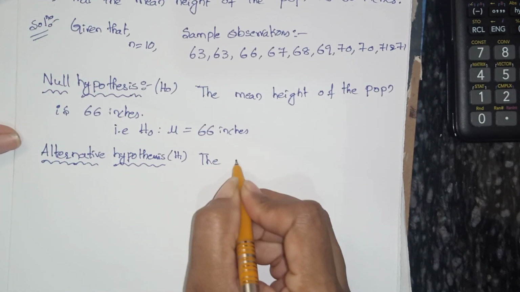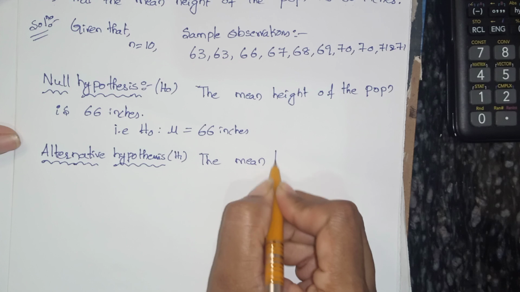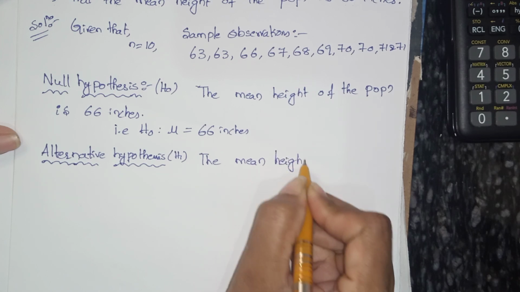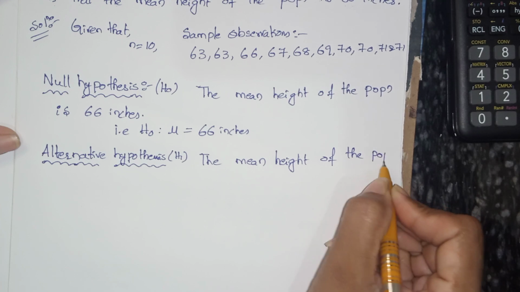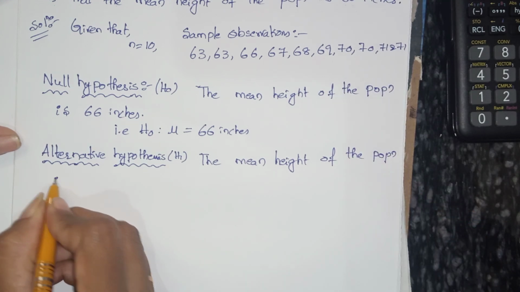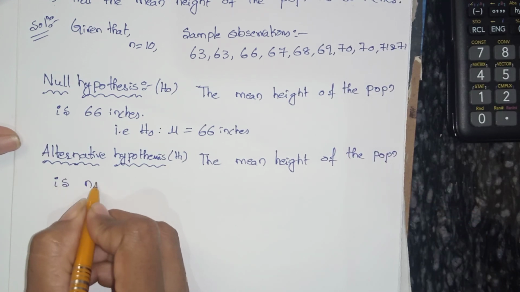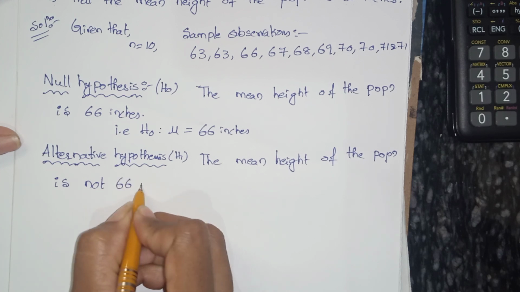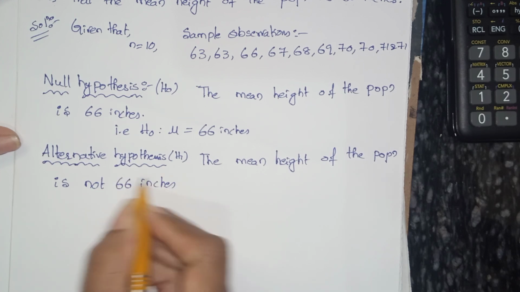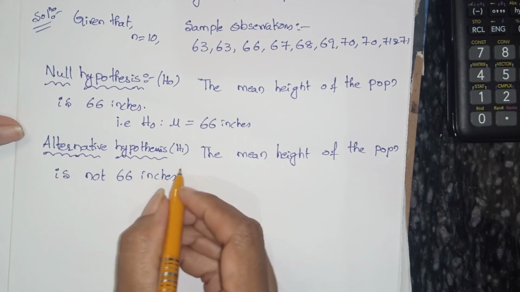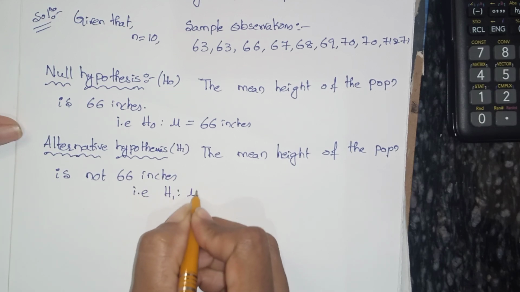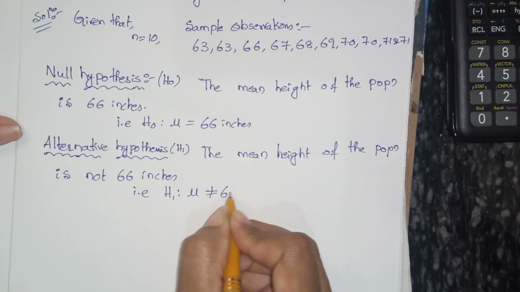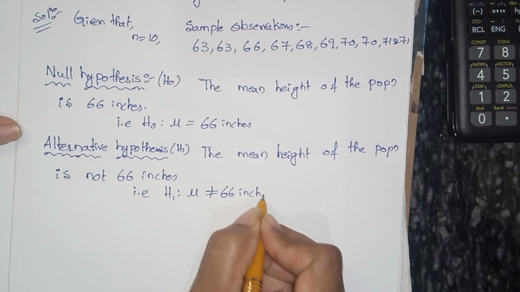The mean height of the population is not 66 inches. So that is H1 such that mu not equals to 66 inches.